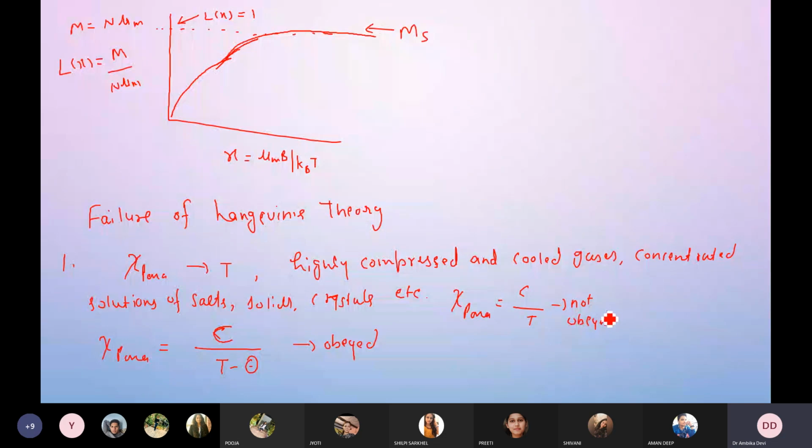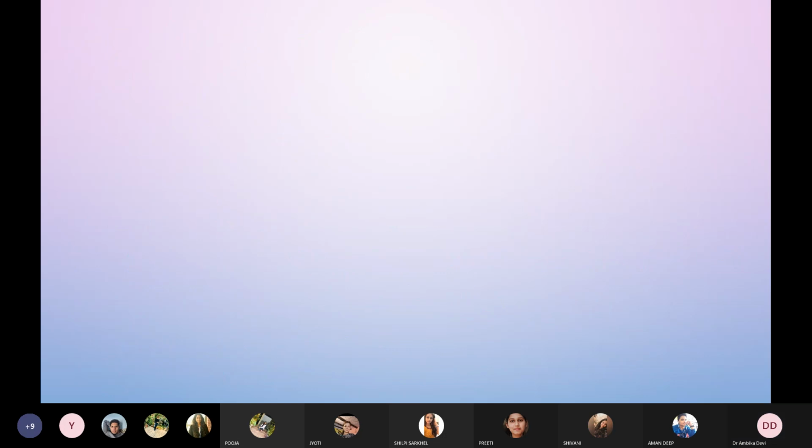Instead of obeying Curie's law, C upon T, this particular law is obeyed: C upon (T minus θ). Okay, so this is one limitation. We will see why it happens like this and what is done in order to resolve this problem. Okay, so this is the first limitation.